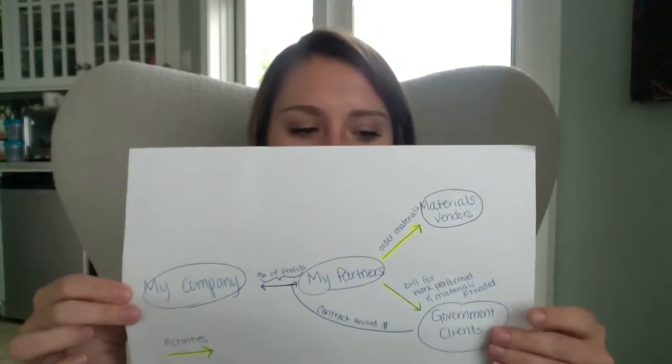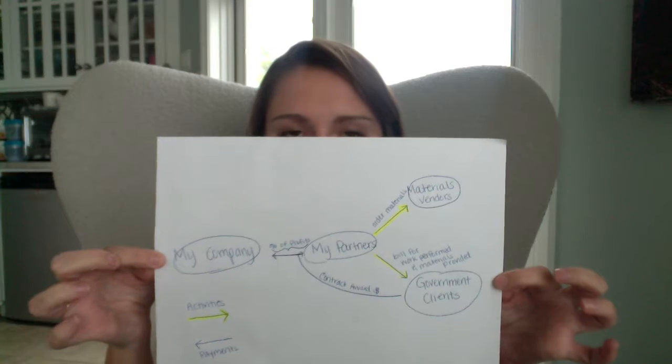So the diagram of my business model payment flows is right here. On this diagram, the four parties are my company, my partners, materials vendors, and government clients. Activities include ordering raw materials from the vendor partners, the materials vendors.